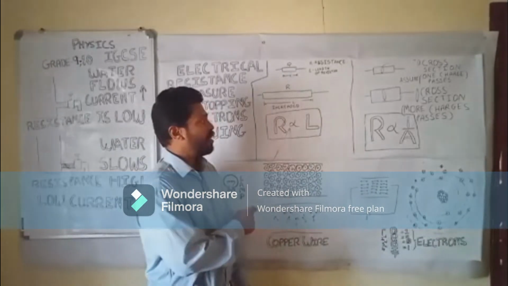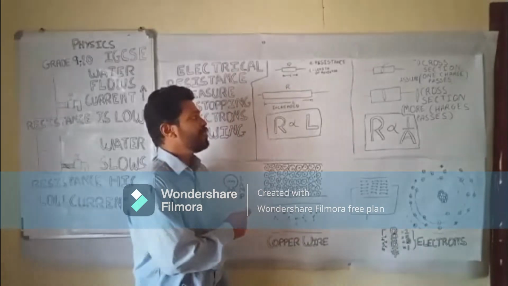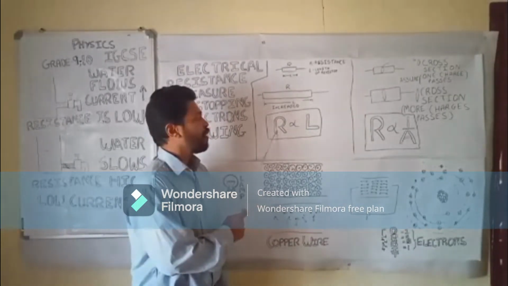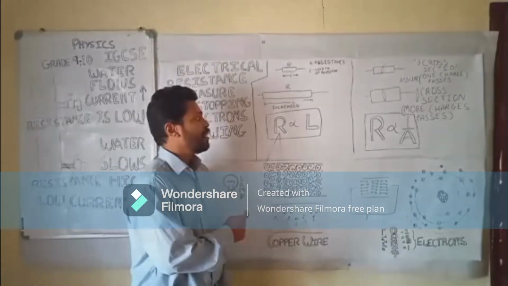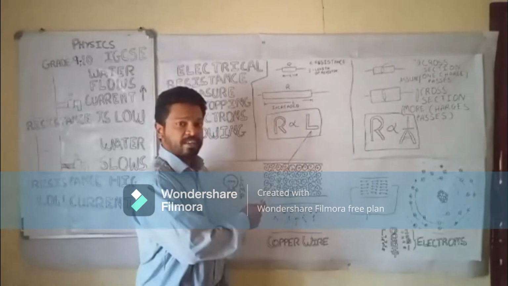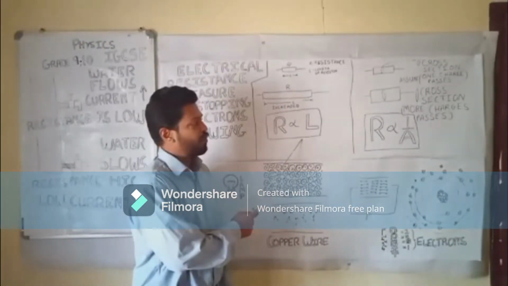First is directly proportional. Directly proportional means when this increases, this has to also increase. For example, when the resistance is 5 ohm, the length has to increase. So that is called directly proportional.